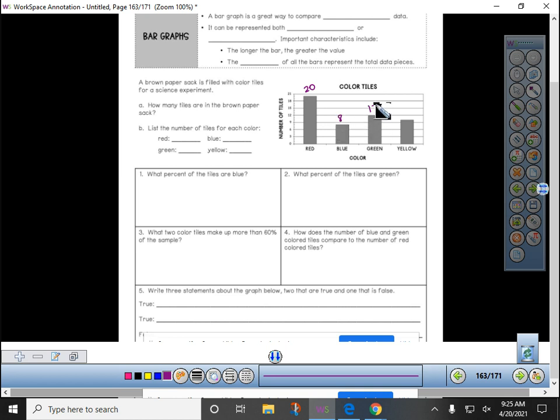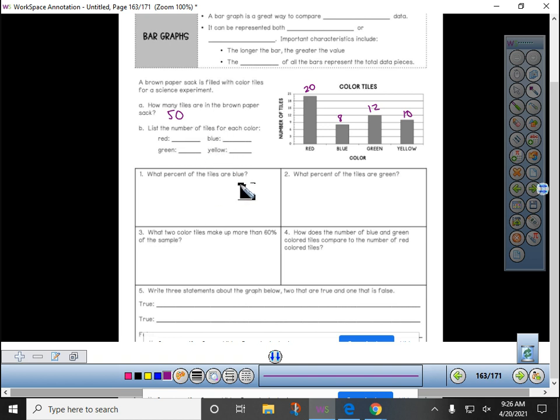This one is 12, and this one would be about 10. How do you find how many are in there? Add them up. Right now, put your pencil to paper and add them up. How many? 50. Good. We're not going to do letter B.